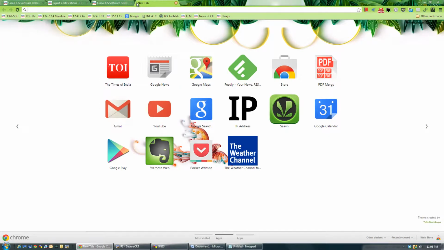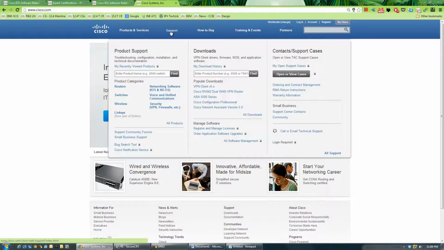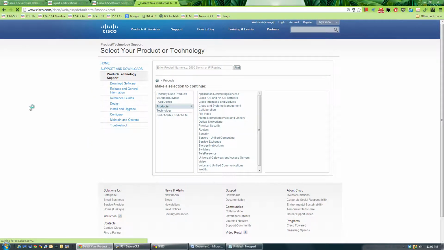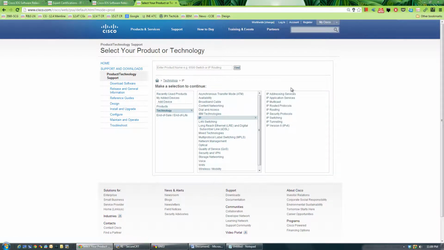If you're just starting out on your CCIE journey, it is best to first learn the technology before you apply it on the router, right? So you just go to cisco.com and hover the mouse on top of support, click on all products, click on technology, click on IP, and then you have a lot of things here.